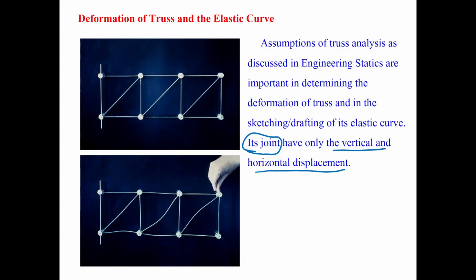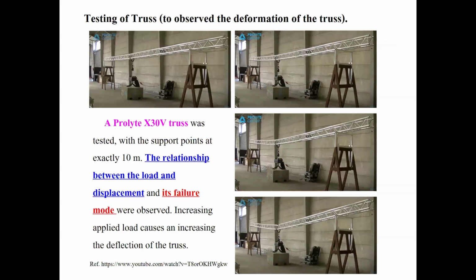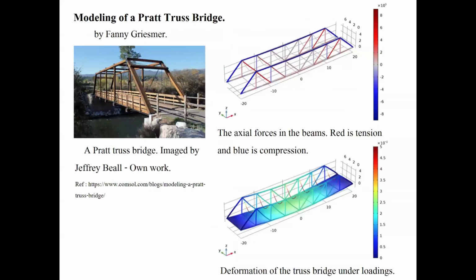We also have this type of example testing for the deformation of the truss. When the load is 0, and when you increase the load, the deflection gets larger and larger, up until the failure.